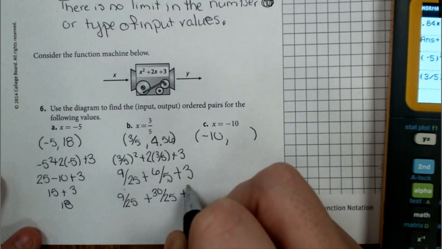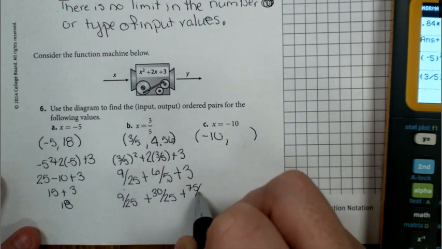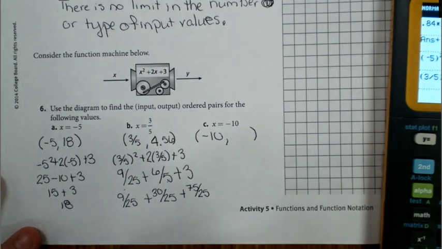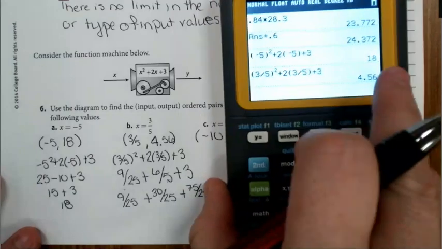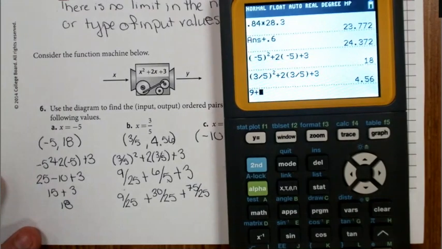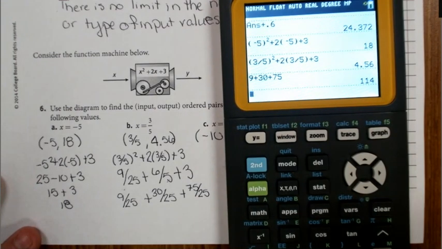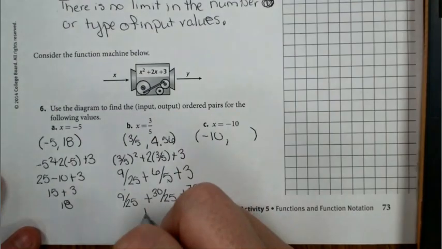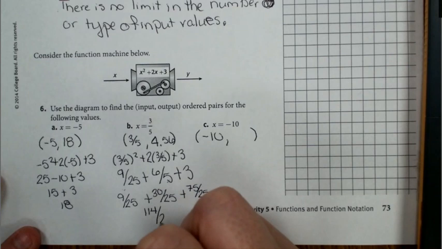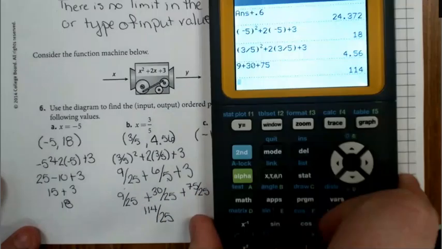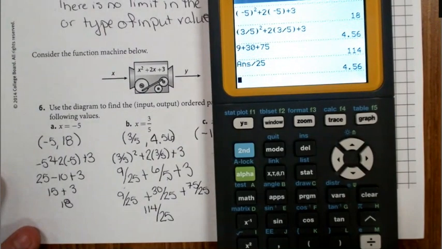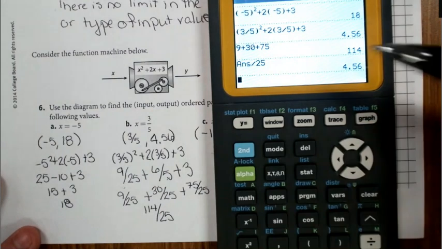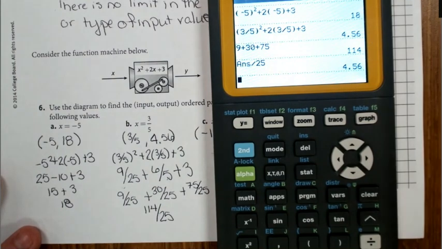And then here, this would be 75 over 25. So let's just do a quick check. We're going to do 9 plus 30 plus 75. Gives me 114. All over 25, right? Well, I'm hoping that when I divide by the 25, it gives me what I had earlier.